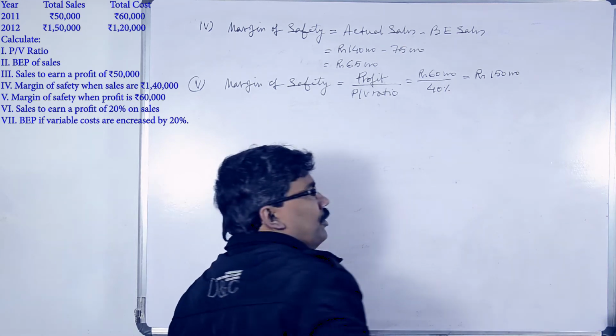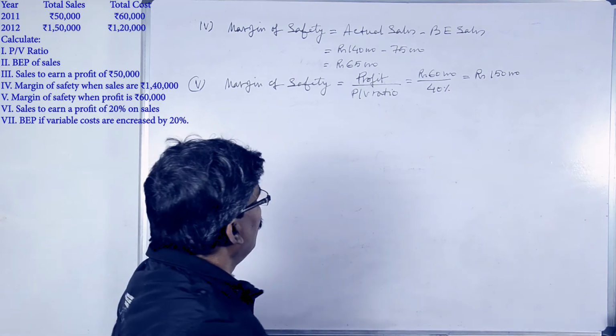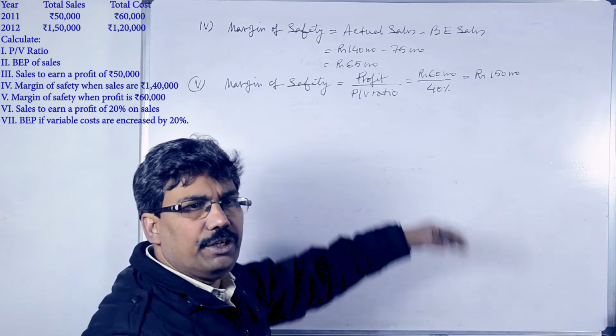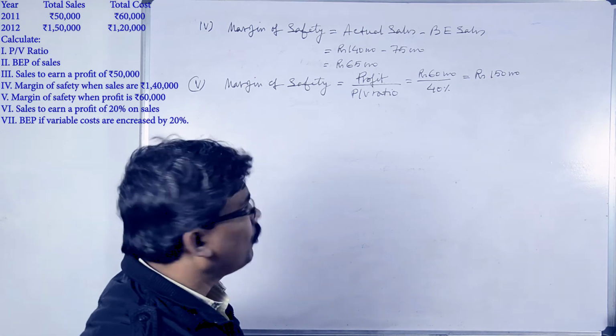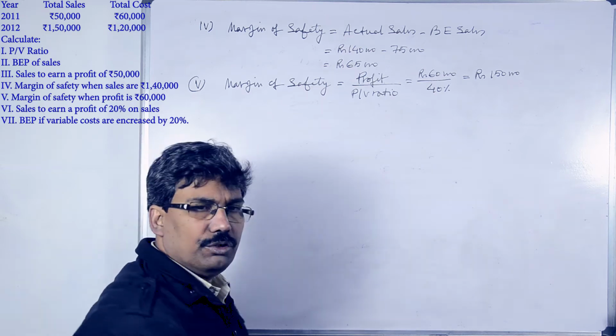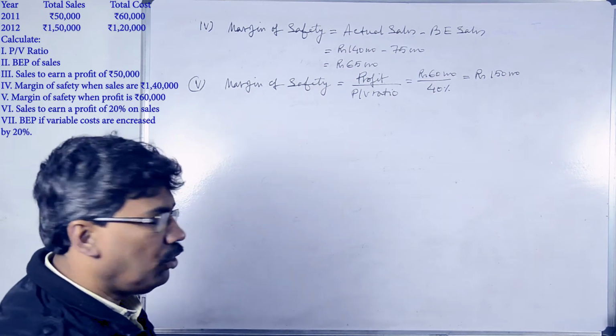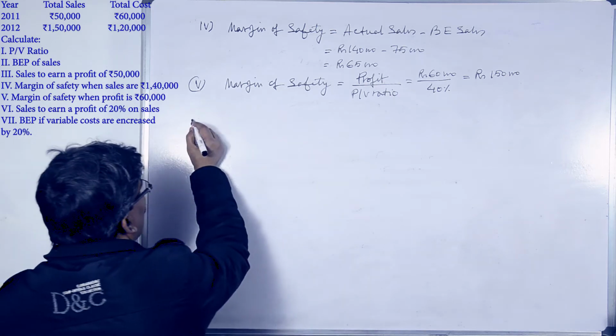Rupees 1,50,000 is the margin of safety. Using the very simple formula profit by PV ratio, we can easily find the margin of safety when the profit is given as 60,000. In number 6, you have to calculate sales to earn a profit of 20% on sales.